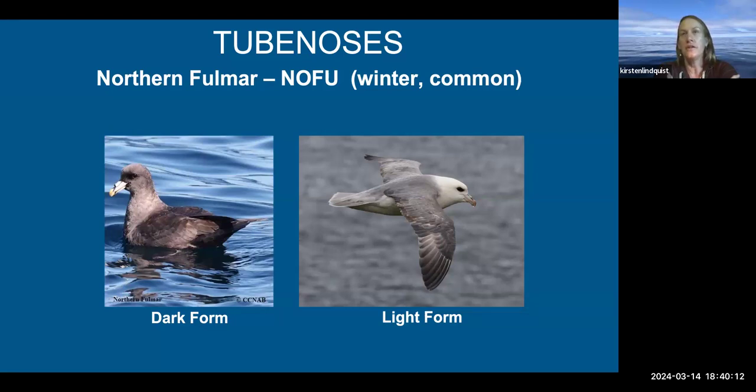And we have fairly commonly had a number of large mortality events of this species. So you won't see them live, but we've had up to, I think, 150 dead on a single beach survey of this species.